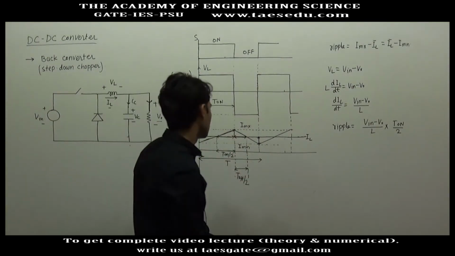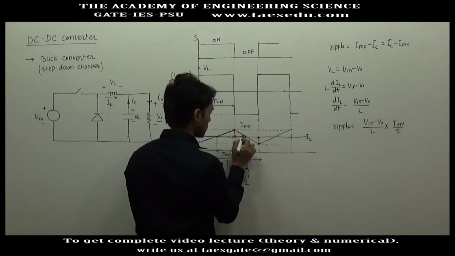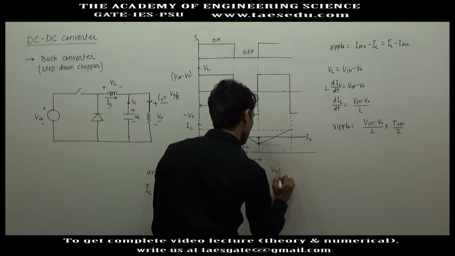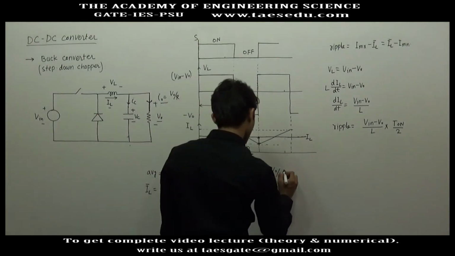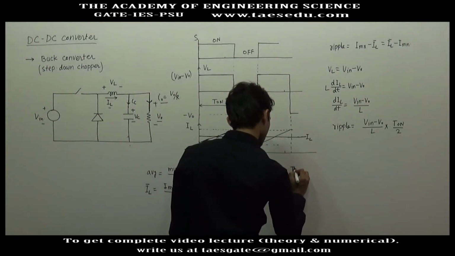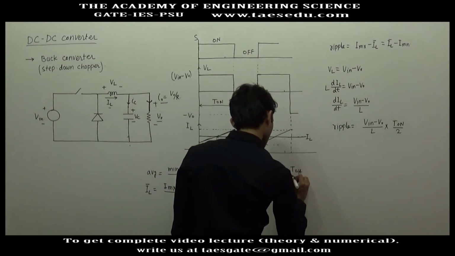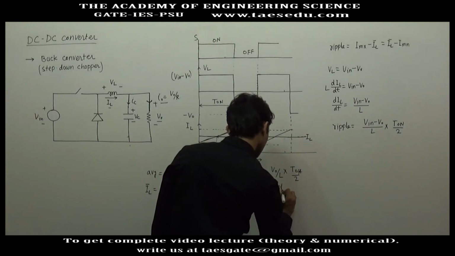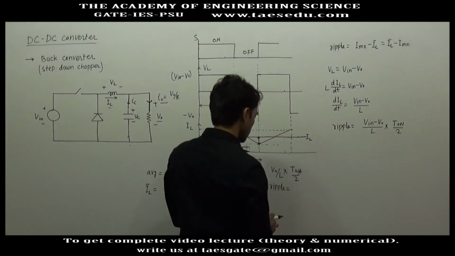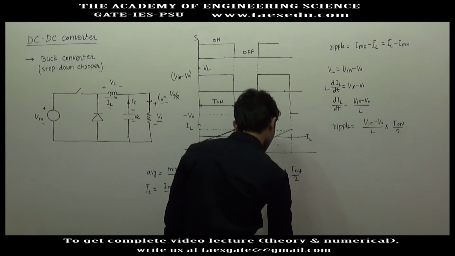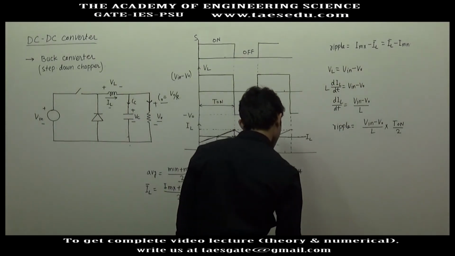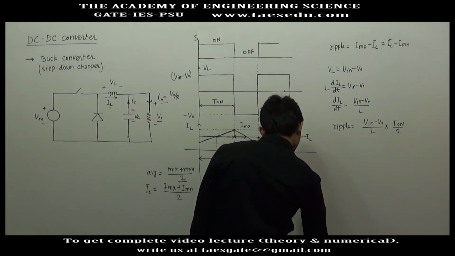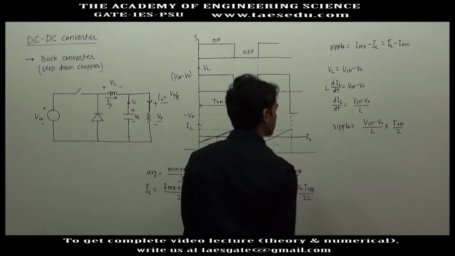In this region, the magnitude of slope will be V naught divided by L. So ripple will be V naught divided by L into t off by 2. I will represent ripple as delta IL. Delta IL is V naught into t off divided by 2L.